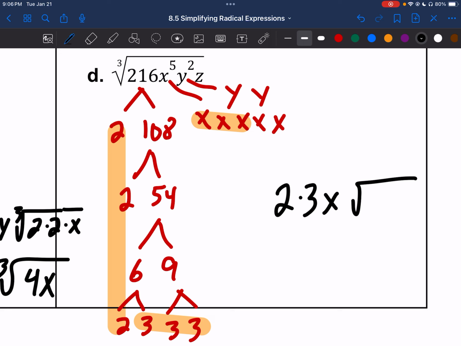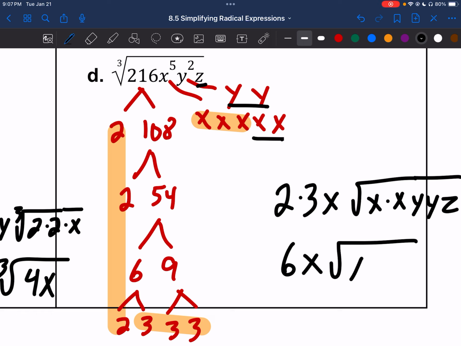My coefficients are gone. I have 2 x's, so x times x. I have 2 y's, y, y, and I have a z. And now I rewrite it. 2 times 3 is 6. X times the square root of x squared, y squared, z.